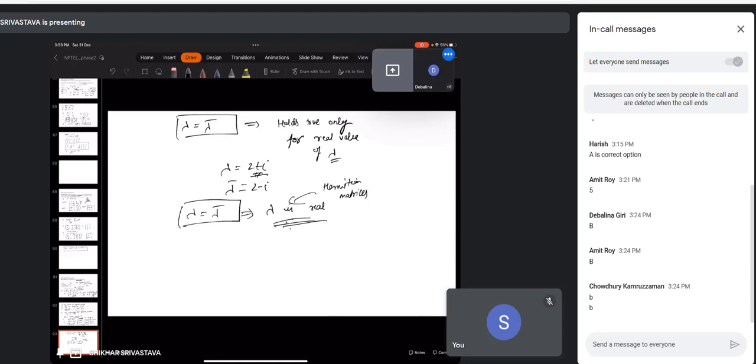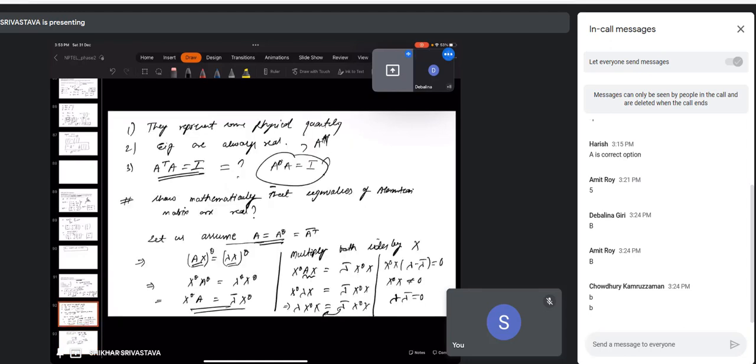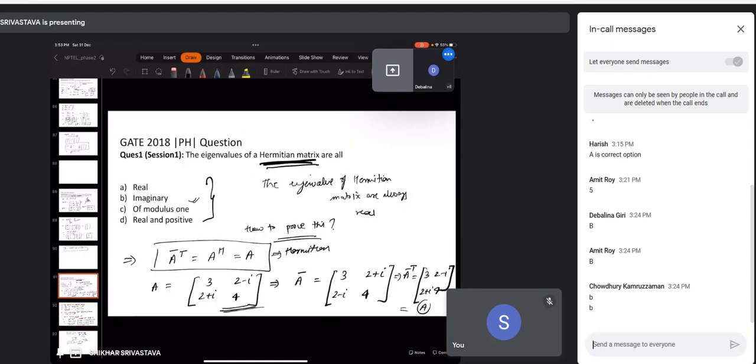Yes, sir. Okay. So these are four to five questions related to matrix problems which came in the GATE exam, and we solved them. So I think it's clear to all of you how to solve these kinds of questions.